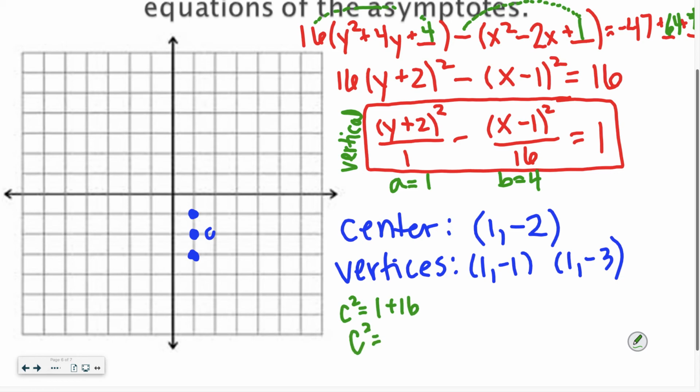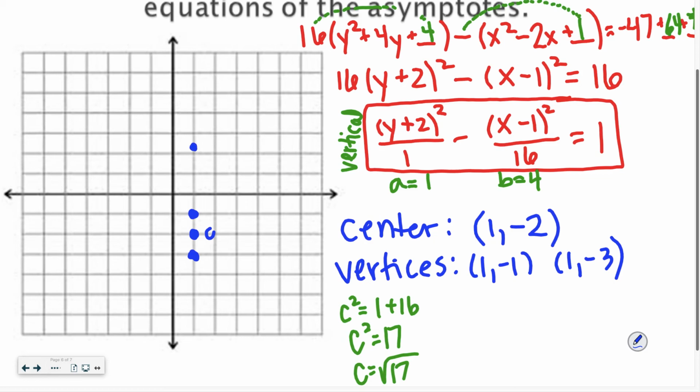C squared is a squared plus b squared. So in this case, c is going to equal radical 17. We know that radical 16 would equal 4, so radical 17 is just a hair more than 4. So from our center, I'm going to move 1, 2, 3, 4, a little bit more.